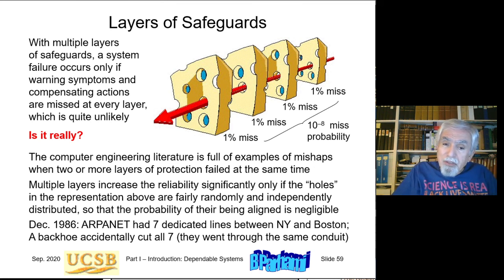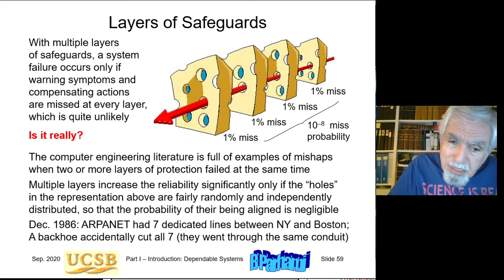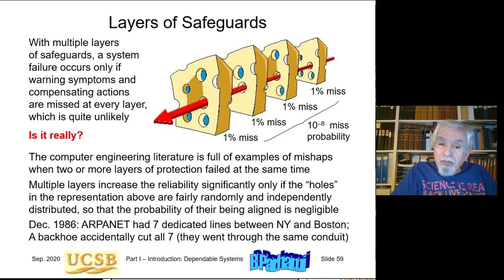These 7 channels, ARPA basically leased from different companies that offered digital connections, and they assumed that these would be independent. In other words, it would be extremely unlikely for all 7 channels to suddenly become unavailable, and therefore at least critical traffic between the 2 cities could flow uninterrupted even if several of the channels failed.